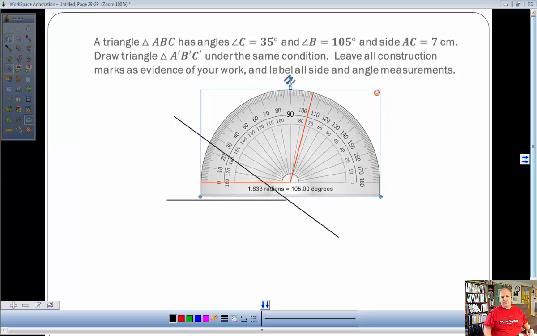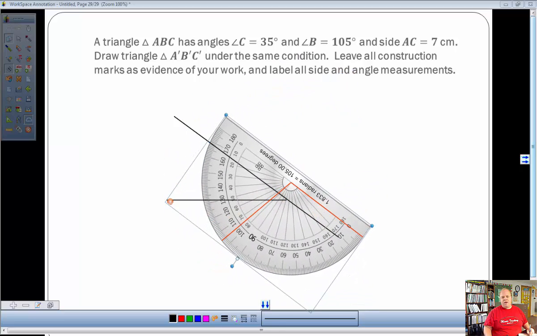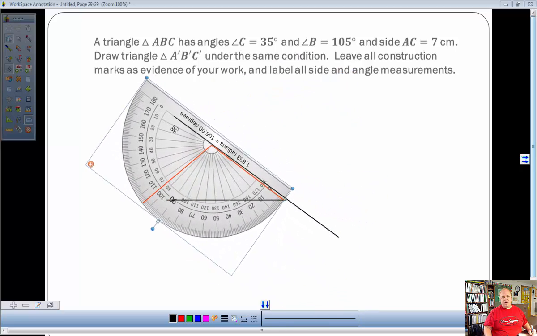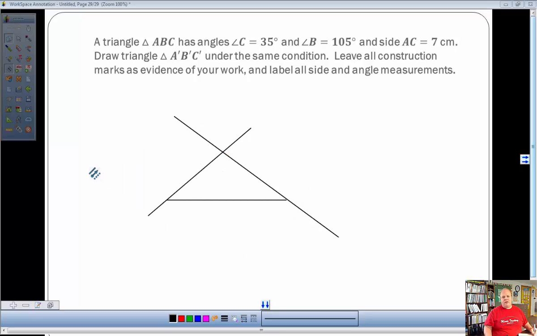Now I'm going to flip this so that this is right here, and then I'm going to cross this my line here. Get my line tool back out and draw my line, and it's easier for me sometimes if I draw it all the way through. Now put my protractor away.